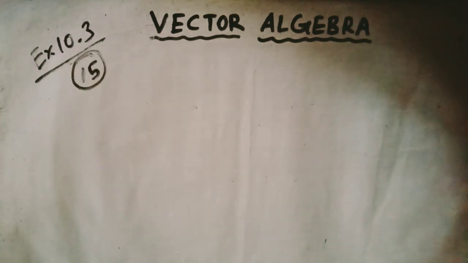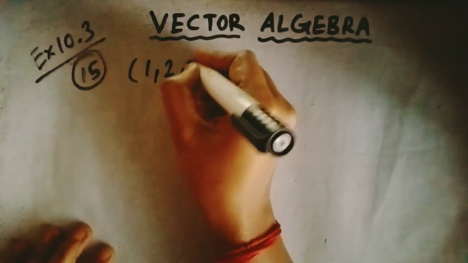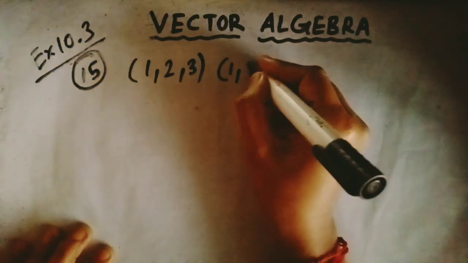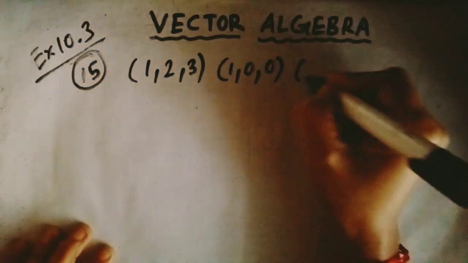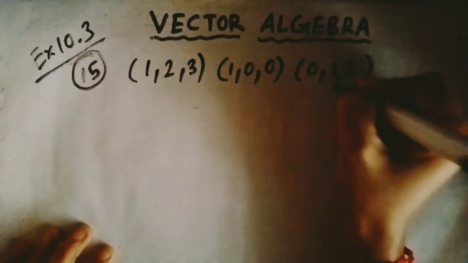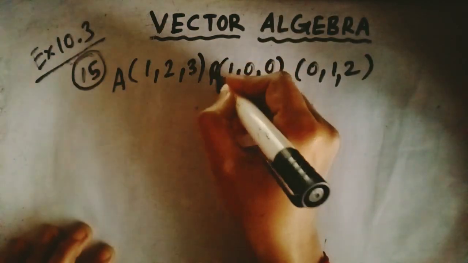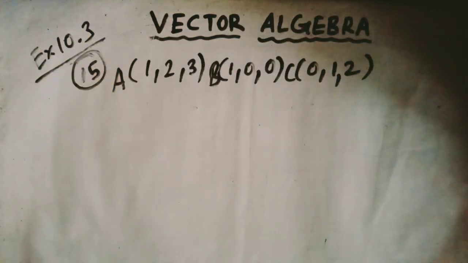Question 15. If the vertices ABC of a triangle ABC are given, then you have to find angle between the vectors BA and BC.